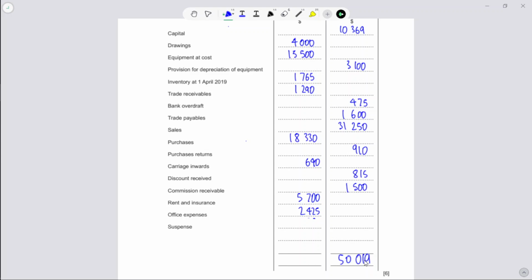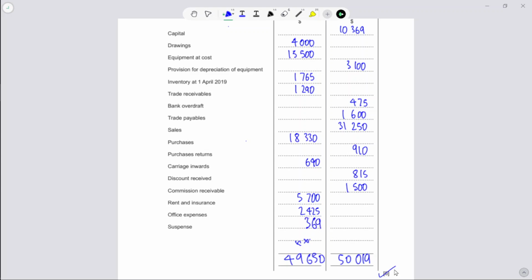Then the left hand side total will be 49650. So this one is lesser, so let's put here. This one minus this one, you get 3369.